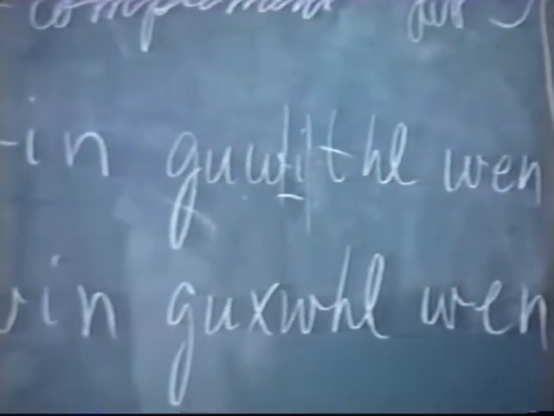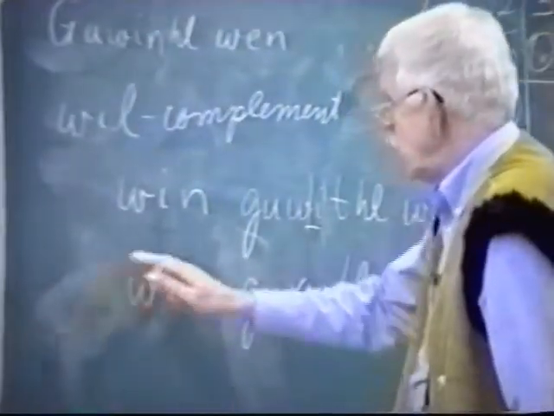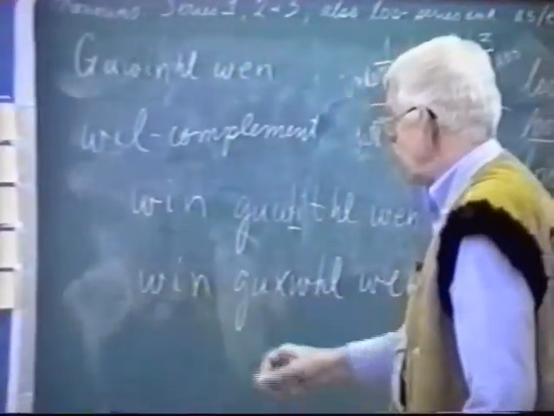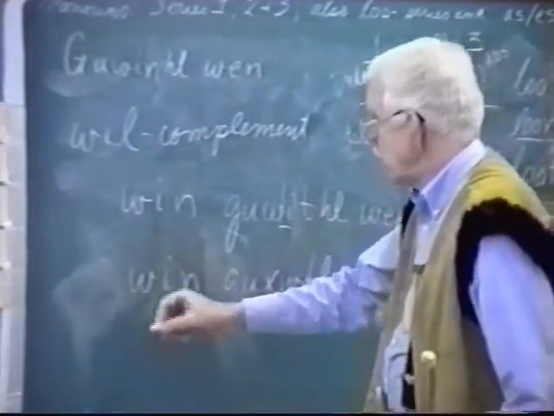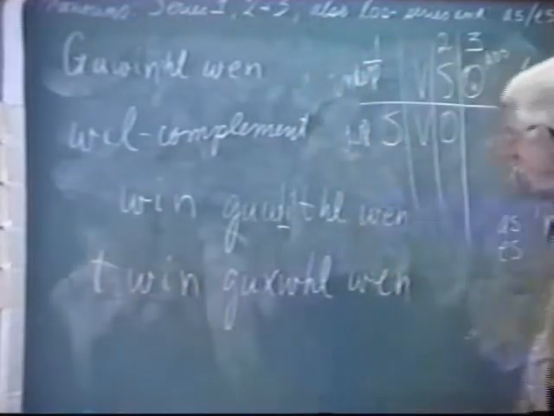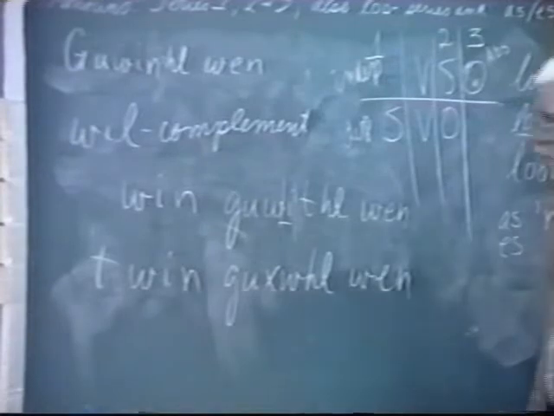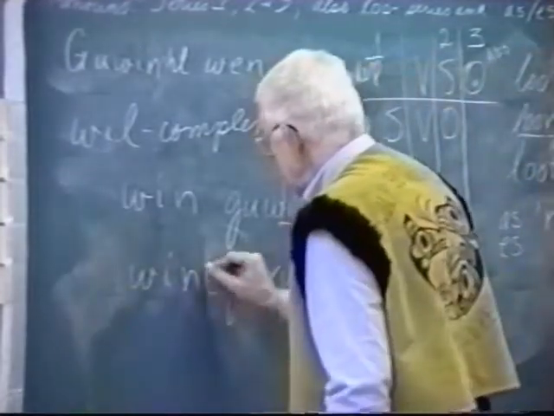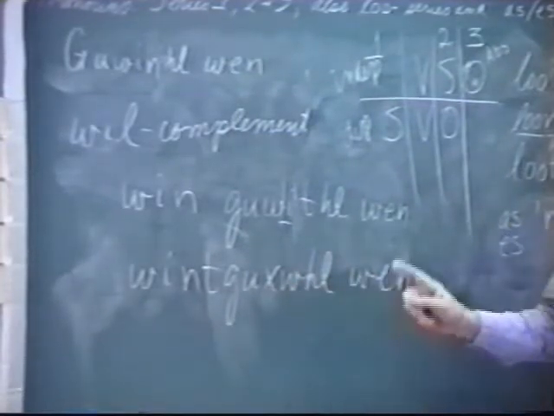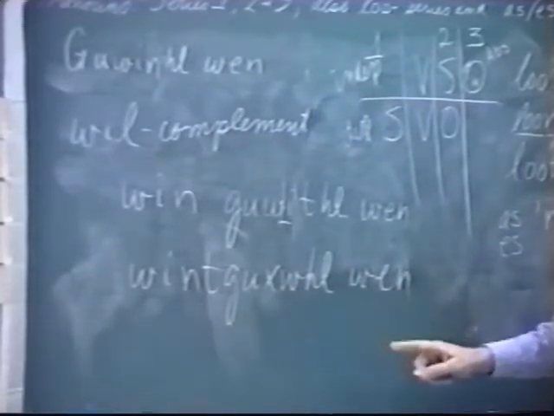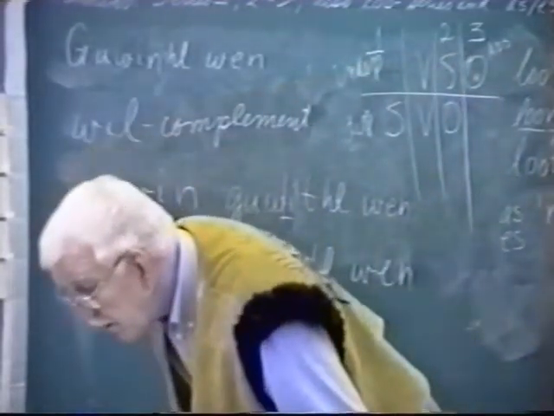And in this case, we've noticed the ne and the me, or nu and mu, come before the win. What happens if we put the he pronoun? Can we say twinguch when? No, doesn't sound right. The T there goes into a different position. It's wintguch when.